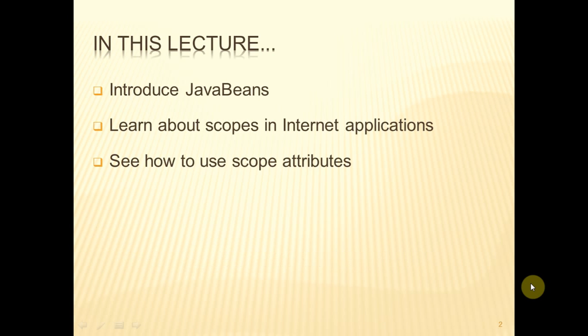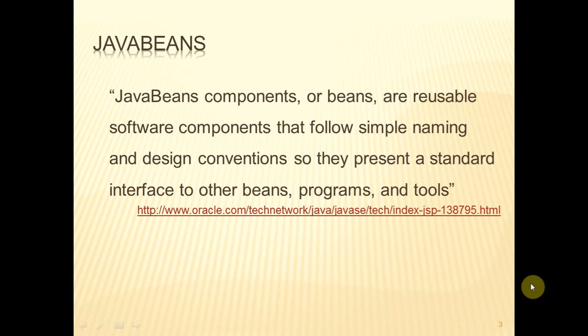So we'll look at what the Java bean is, we'll learn about scopes in internet applications, and we'll also look to see how to use the attributes in the various scopes.